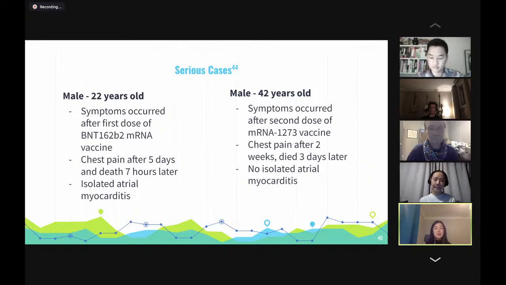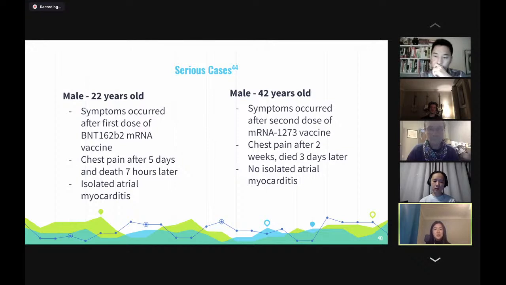He had chest pains after 5 days and died after 7 hours. In the autopsy, it was revealed that he had myocarditis in an isolated part of his heart. The second case was a 42-year-old male, and he received symptoms after his second dose of a different mRNA vaccine. He had chest pains after 2 weeks and died 3 days later. In his autopsy, no myocarditis was found in an isolated part of his heart.